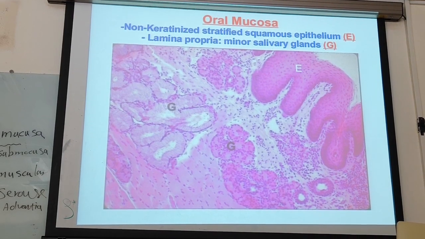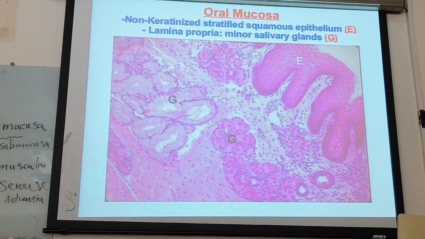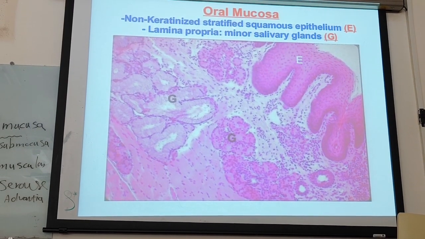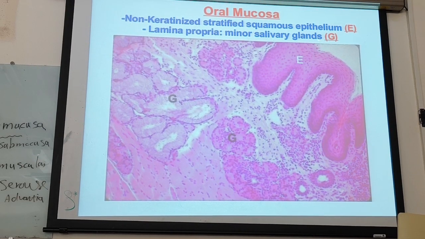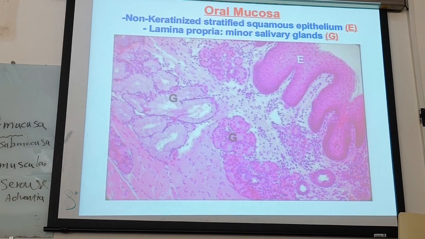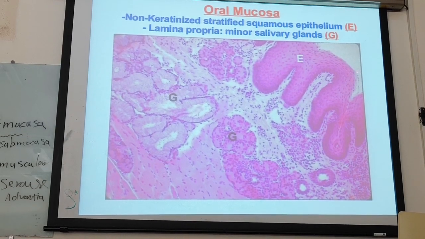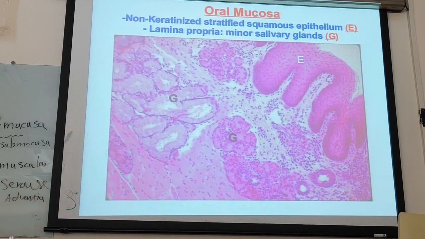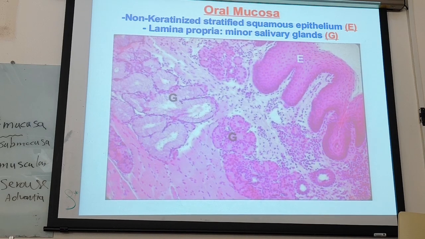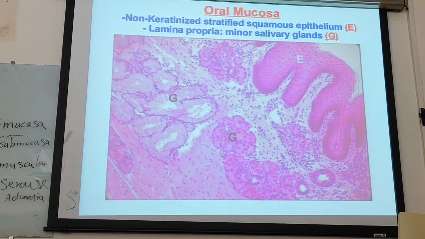As I said, oral mucosa in most parts includes the non-keratinized stratified epithelium. Stratified means the cells are layer by layer. Squamous means the outermost layer is lined by one layer of squamous cells.